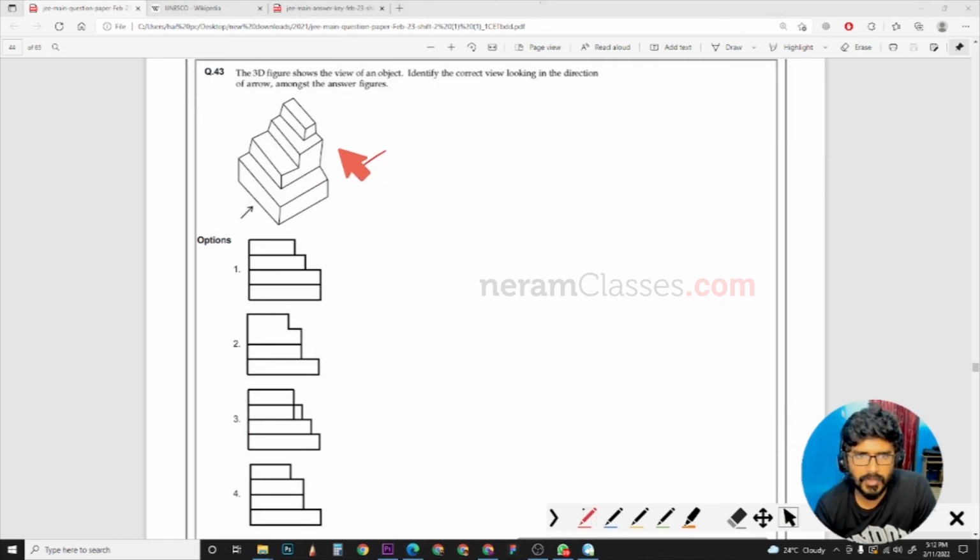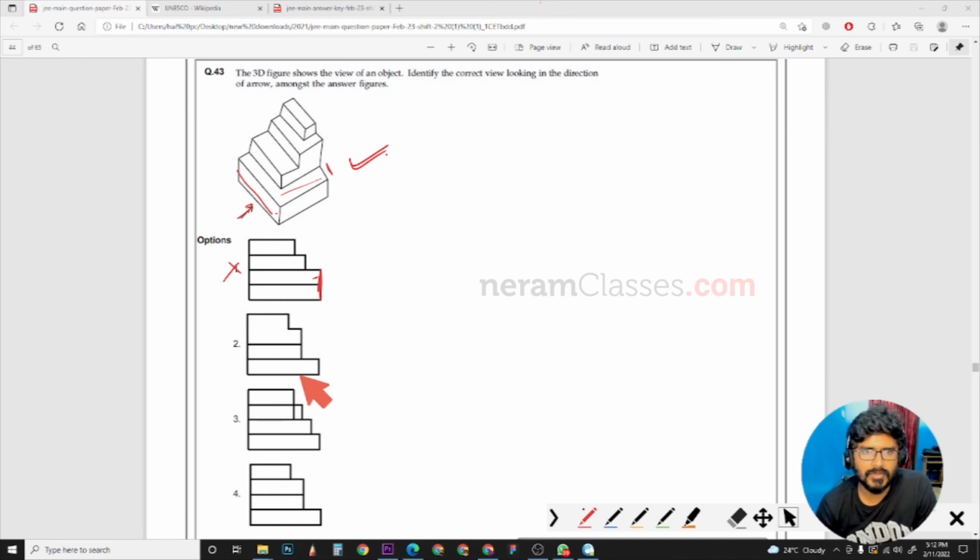Now the question number 43. So we have been provided with a 3D shape and we need to find out the elevation from the arrow direction. So this we can do like this. This one is the wrong answer because we have only one shape in the bottom. We should have some gap here, but we don't find any gap. It is aligned to each other, so it's a wrong answer.